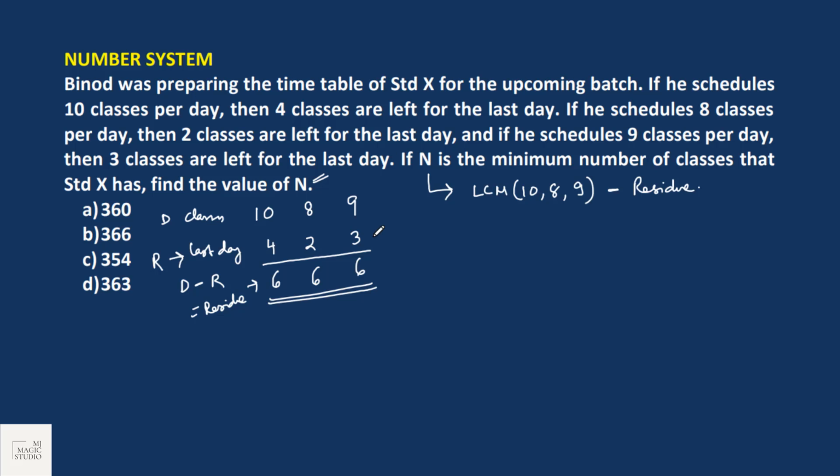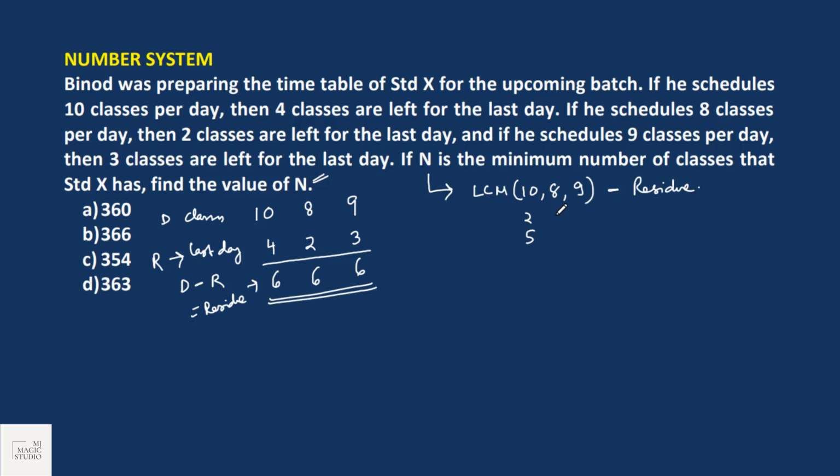If the remainders are the same, we take the LCM of the divisors plus the remainder to find the minimum number. But in this case, where the residue is the same, we just need to find the LCM of the divisors, which are 10, 8 and 9, and reduce it by the common residue.